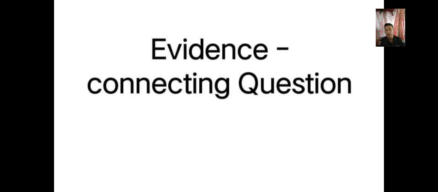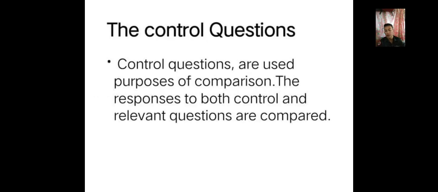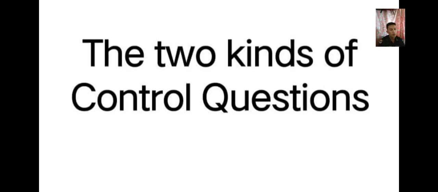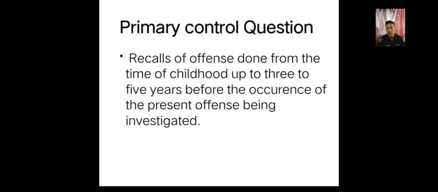Example of primary control questions: Before the age of 25, did you ever steal anything from a place you worked? Secondary control questions are more specific in nature, based upon another sort of wrongdoing which will enhance the subject's opportunity for responsiveness.